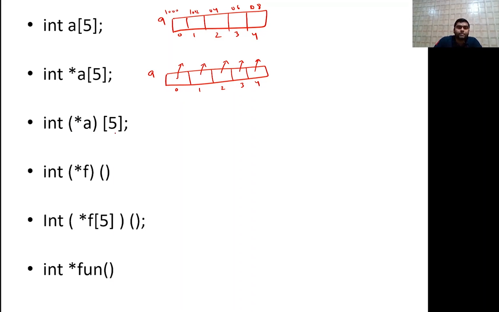Now the third statement is what? Star a of 5 in parentheses means a is a pointer pointing to an array of 5 elements. So this is a different thing.